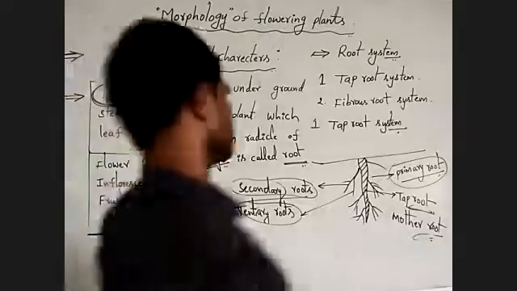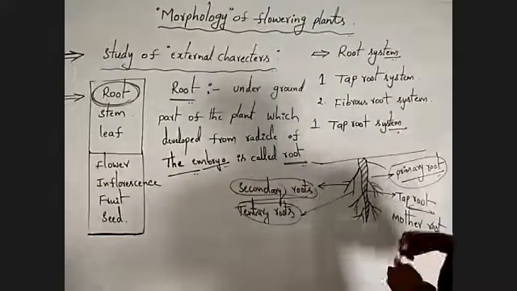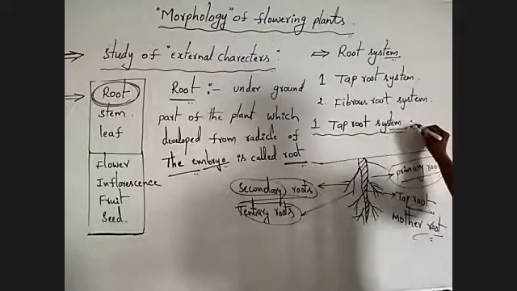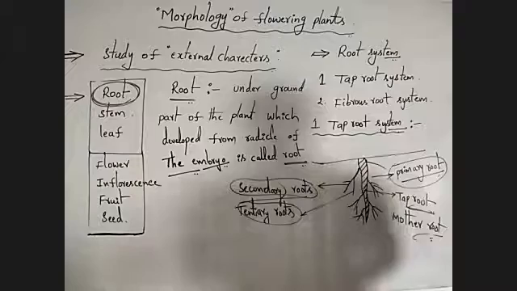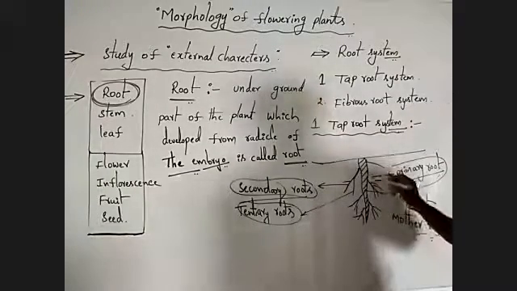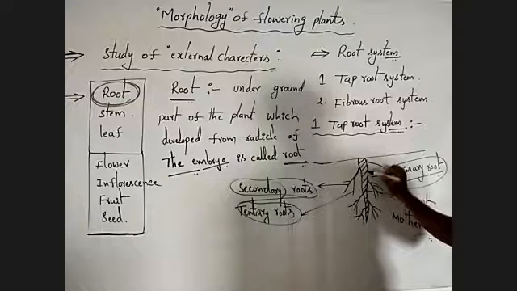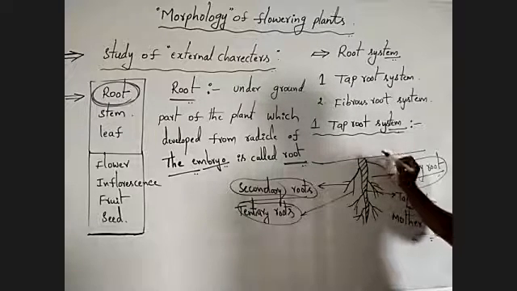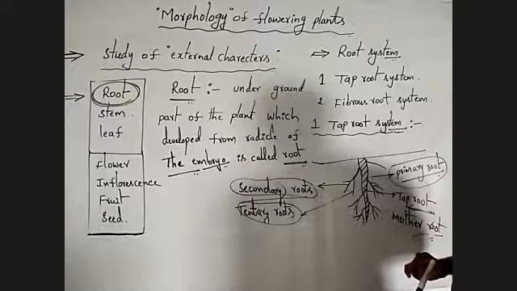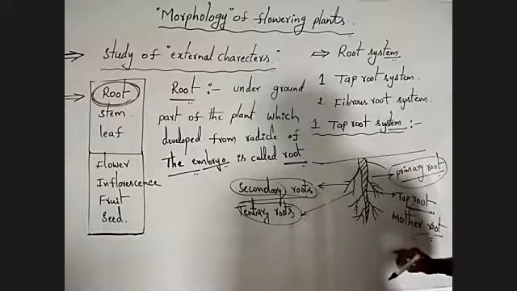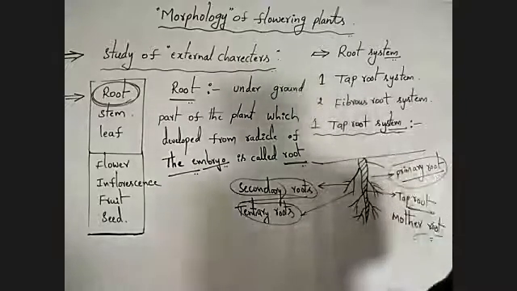Observe, the tap root system is a type of root system. A large primary root is developed from the radicle of the embryo and it grows vertically into the soil.